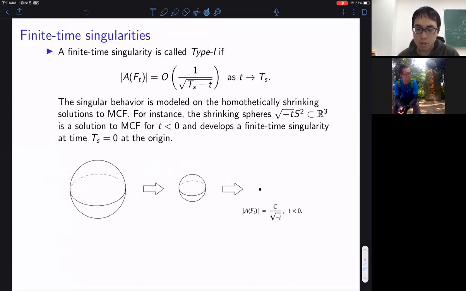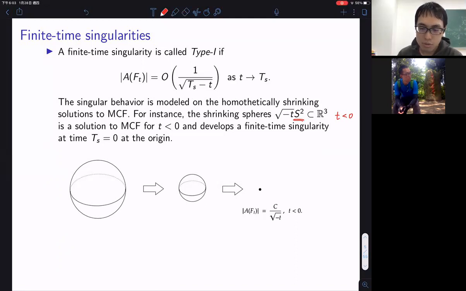For example, if we consider the standard sphere S2 multiplied by a scale of square root of minus t, here t is negative, then it is not hard to show that this is a mean curvature flow.